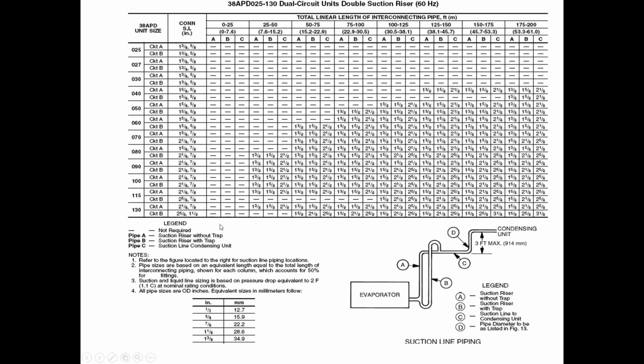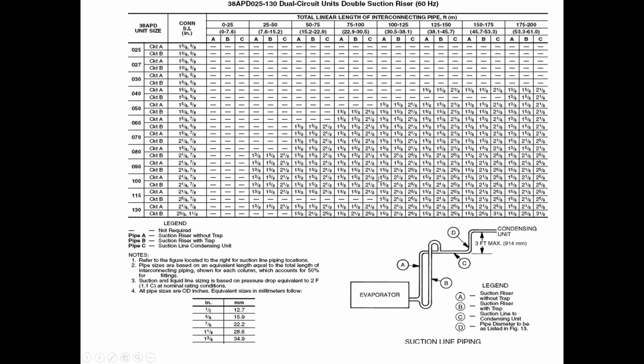Now, we looked at that and we said, hey, we needed in that 100-ton unit, 38 APD, 60 hertz chart, 100. I came out and I needed double suction risers. So here, you can see on the 100, my A pipe, remember I said ABC?